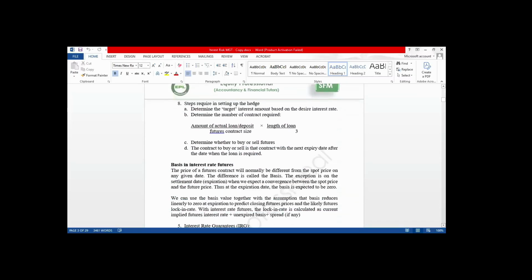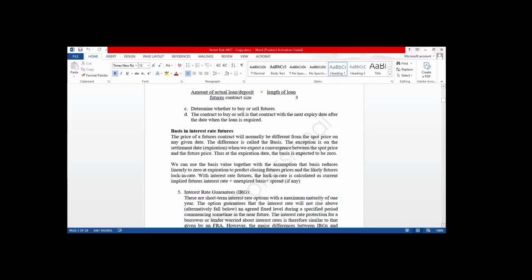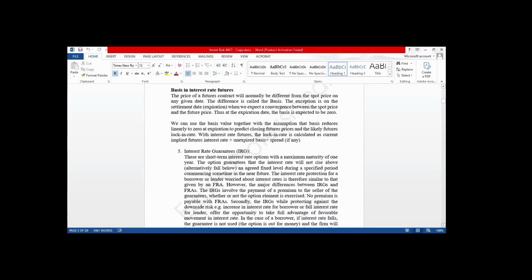We equally discussed interest rate guarantees. Interest rate guarantees are short-term interest rate options that can be used to guarantee the maximum interest paid or the minimum interest receivable.